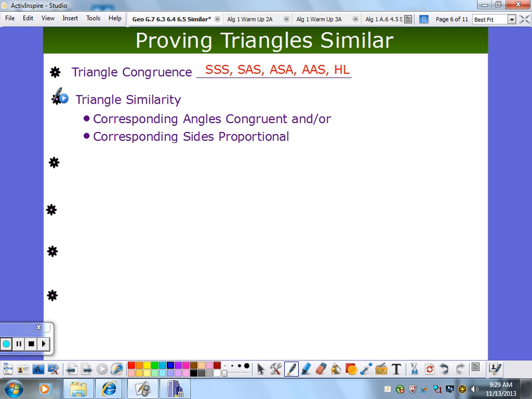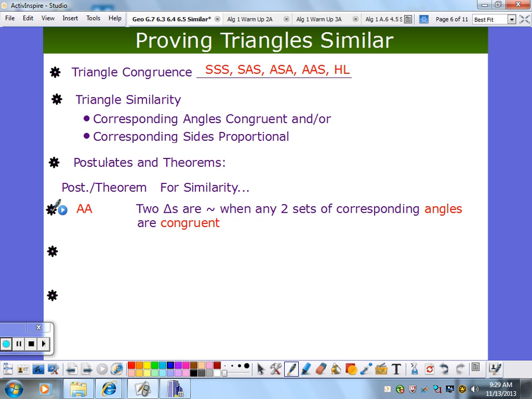Okay, so triangle similarity. Remember now our difference between congruence and similarity: angles are congruent, but sides are in proportion, right? So let's see here. Postulates and theorems. For similarity, angle-angle says two triangles are similar when any two sets of corresponding angles are congruent.